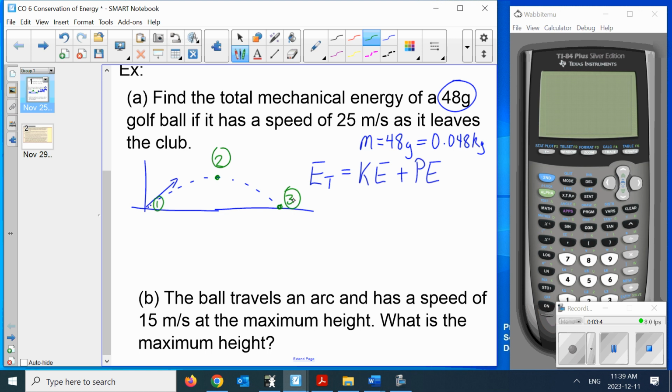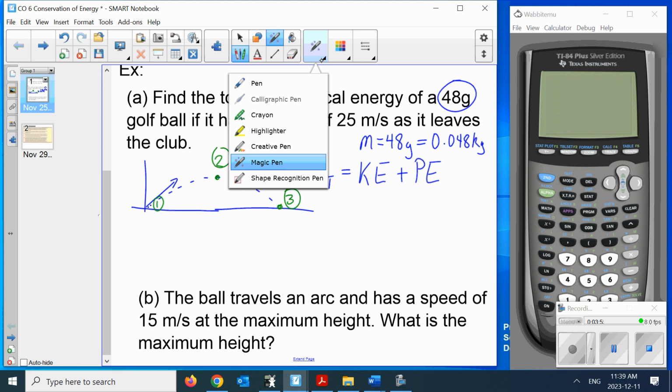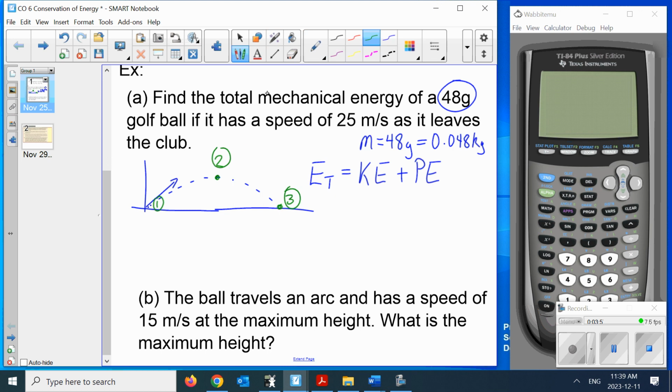Let's just make an assumption. We have to define where our zero is. Where's the most logical place to place zero height? At 1, ground level.